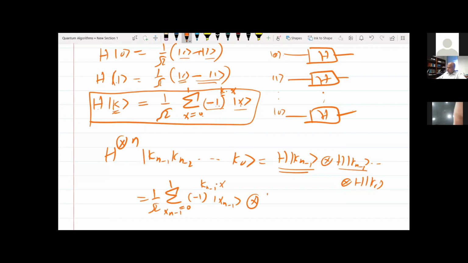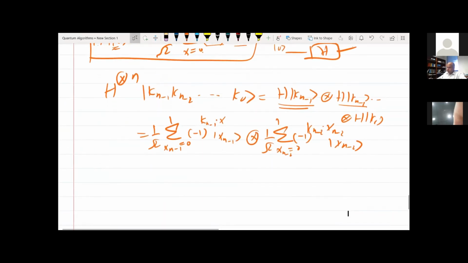Then for this one, it would be 1 over square root 2, sum over x_{n-2} going from 0 to 1, minus 1 power k_{n-2} x_{n-2}, x_{n-2}, and all the way to the last qubit, 1 over square root 2, sum over x_0 going from 0 to 1, minus 1 power x_0 into k_0, x_0.